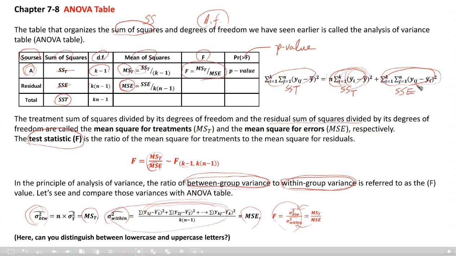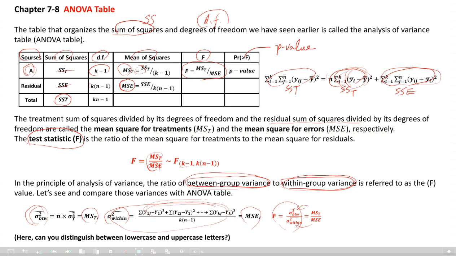The small letter is the estimate, some value of the estimator. I like to distinguish between lowercase and uppercase letters because statistics can then be understood easily. Otherwise, you might get it wrong.